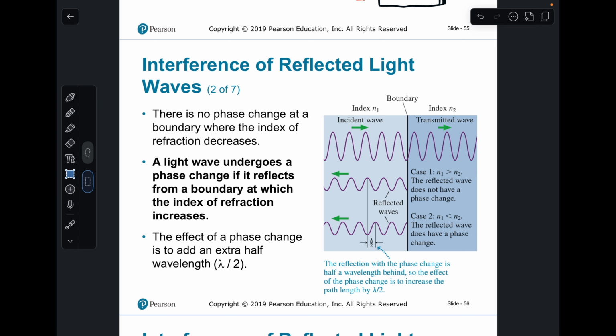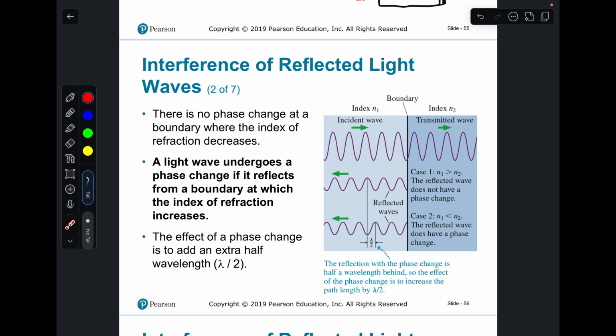One option is if the initial index of refraction is larger than the second, the reflected wave is going to be essentially the exact same wave coming back, right? Starts off at a minimum and goes up to a max. So that's when n2 is less than n1, or in other words, n1 is greater than n2.